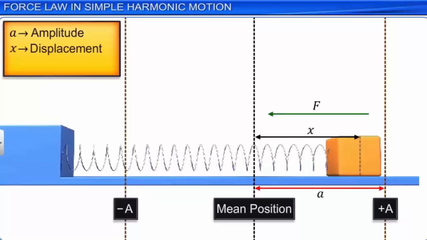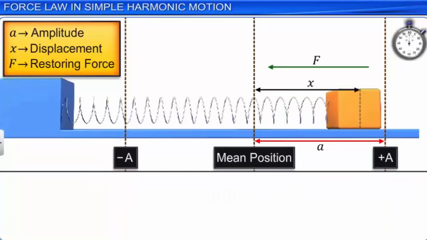Hence, this force is called the restoring force in simple harmonic motion. For simplicity, if we assume the initial phase phi to be 0, then the displacement of the body is x of t is equal to a cos omega t.